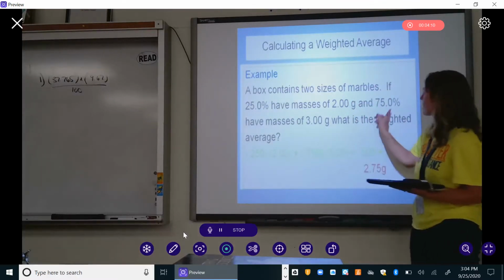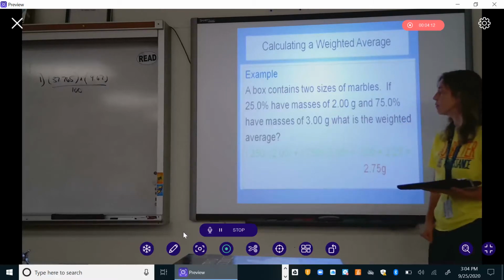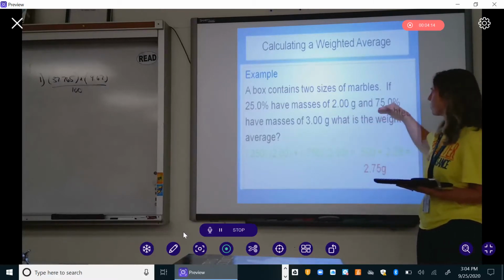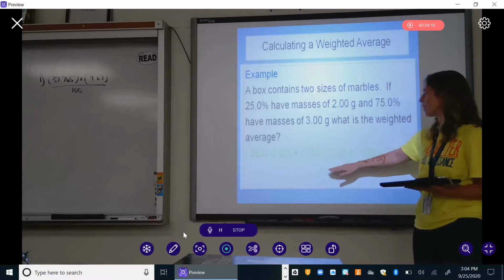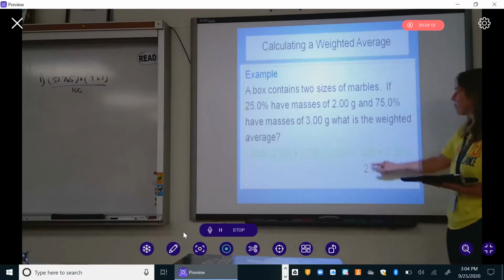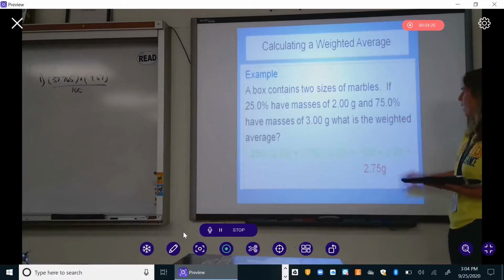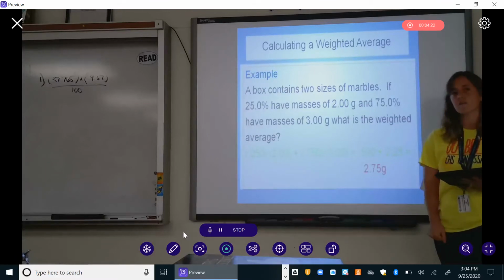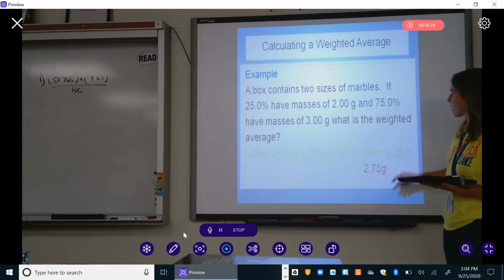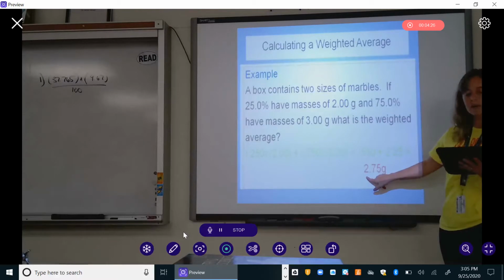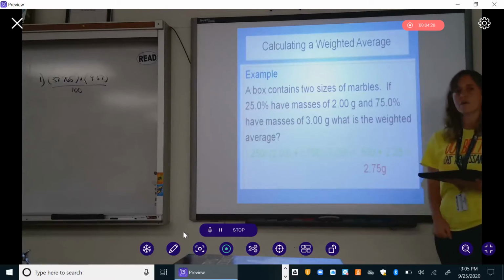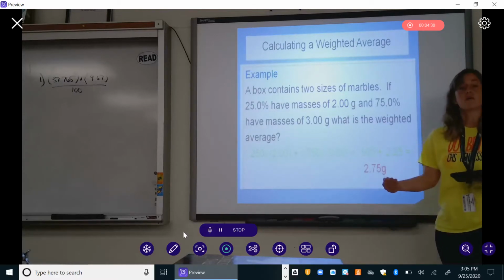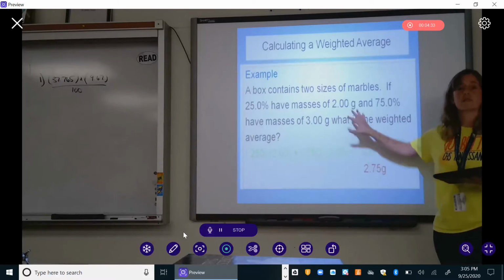Then I had 75% of 3 grams, so I divide by 100 and take 0.75 times 3. I get 0.5 for the first one, and I get 2.25 for the second one. If you add those two together, you're going to get an average atomic mass of 2.75 grams. So that would be your weighted average atomic mass for the marbles.